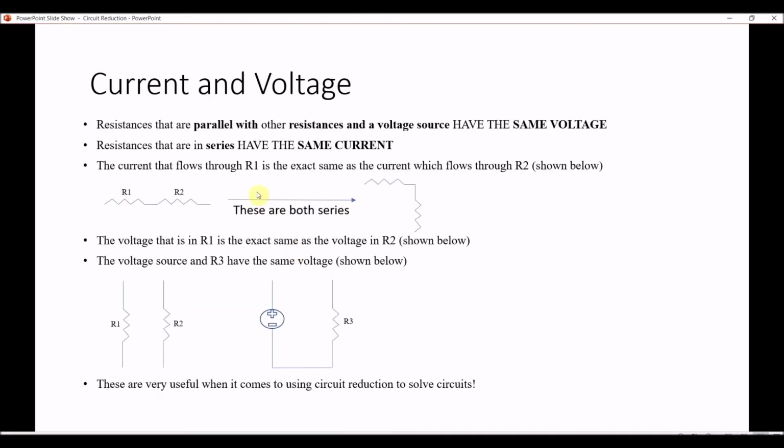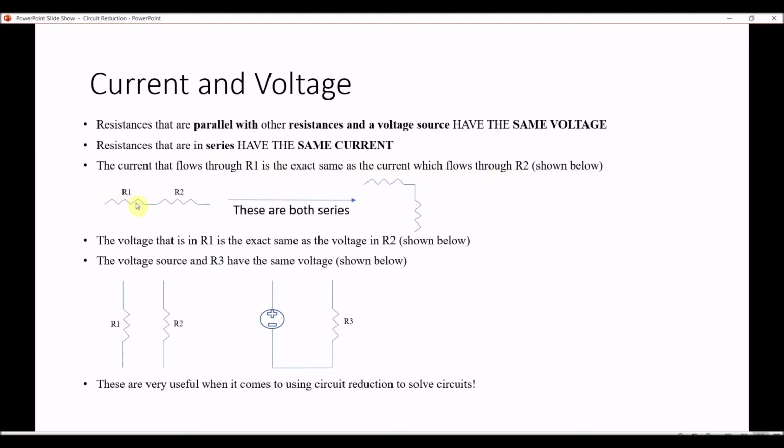Now, before we move on, we have to talk about current and voltage. So, resistances that are parallel with other resistances and a voltage source have the same voltage. Resistances that are in series have the same current. Now, I have some examples here, but the current that flows through R1 is the exact same as the current that flows through R2.